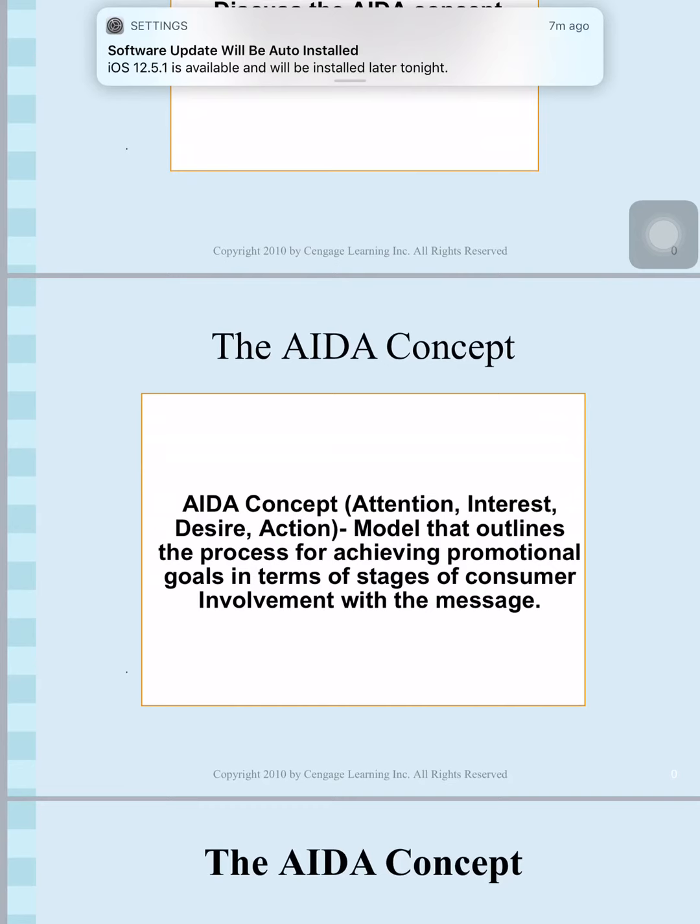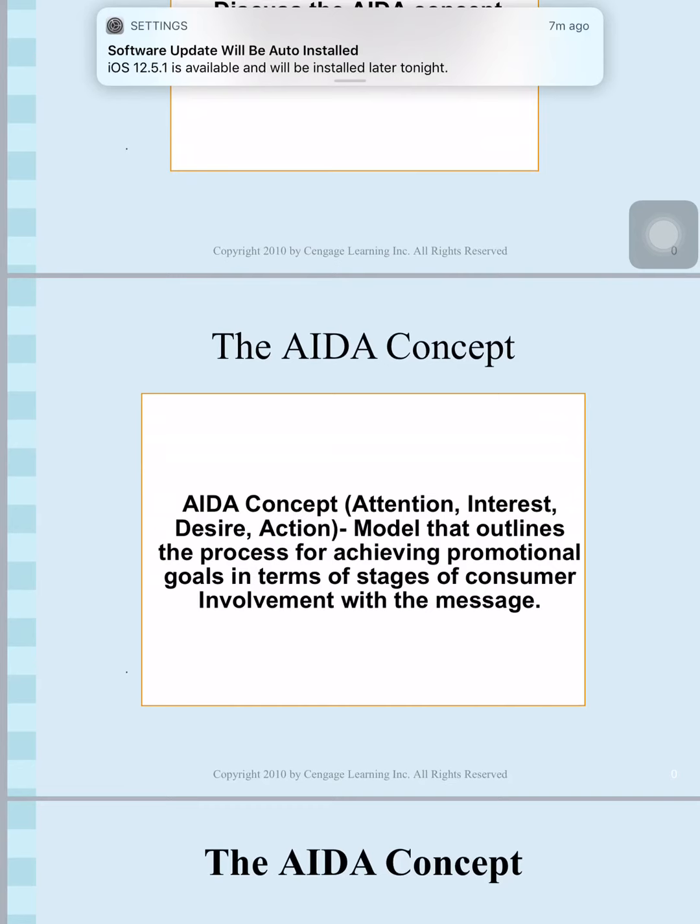The AIDA concept is a model in which the consumer will respond to the marketing message. This is the stage where the consumer becomes involved in the promotional message. The model proposes that the consumer responds to the marketing message by thinking, feeling, and doing.